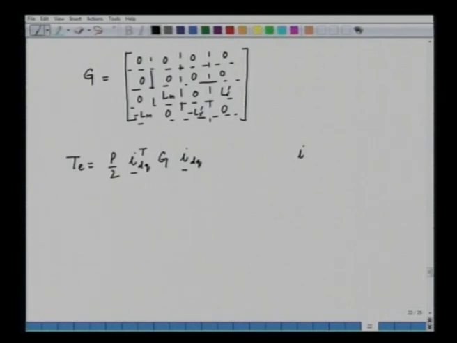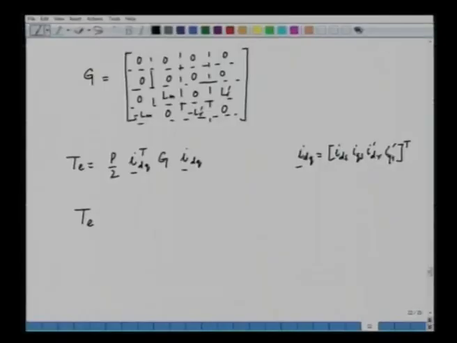So, Idq is equal to IDS, IQS, IDR, IQR transpose. So, these are the various currents. Now, if you pre-multiply this and post-multiply this, we can find out the expression for the torque. Now, when you find out the expression for the torque, we can evaluate the speed also.